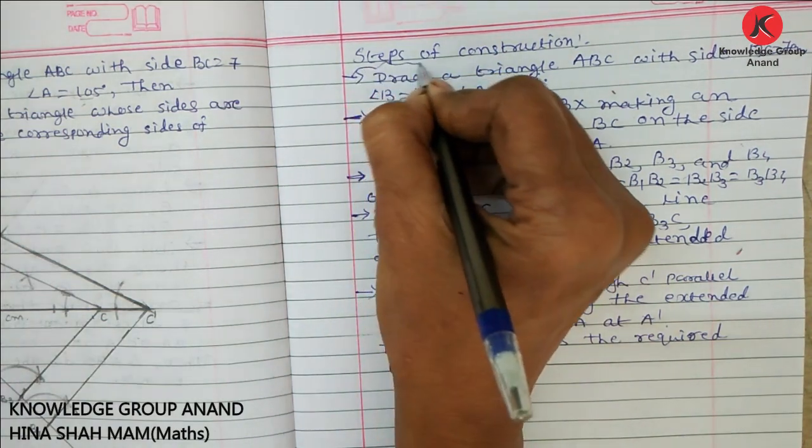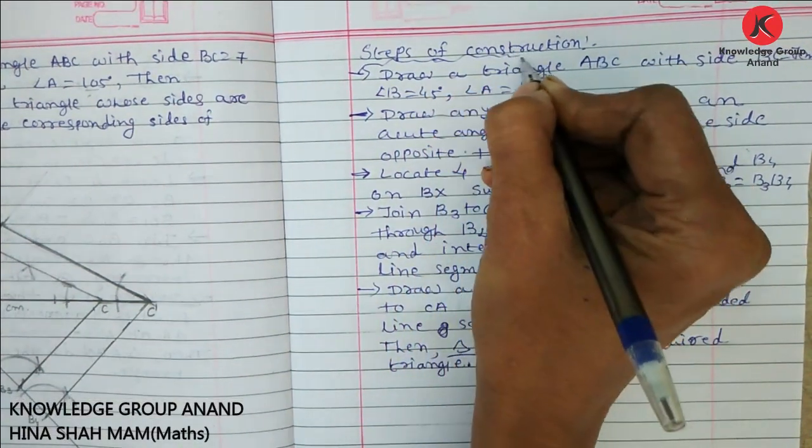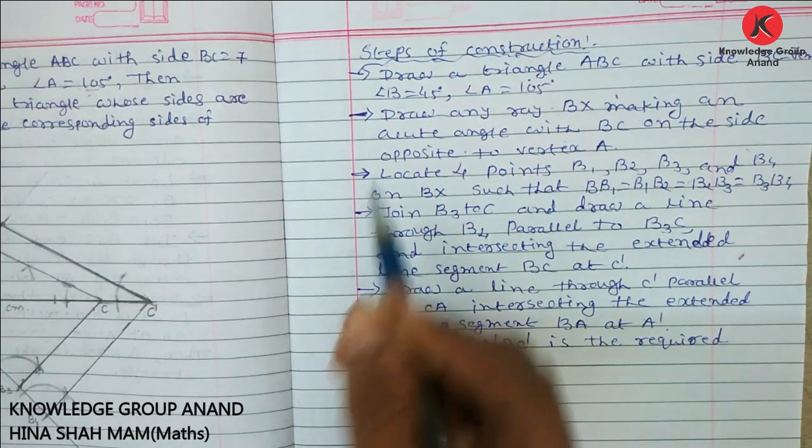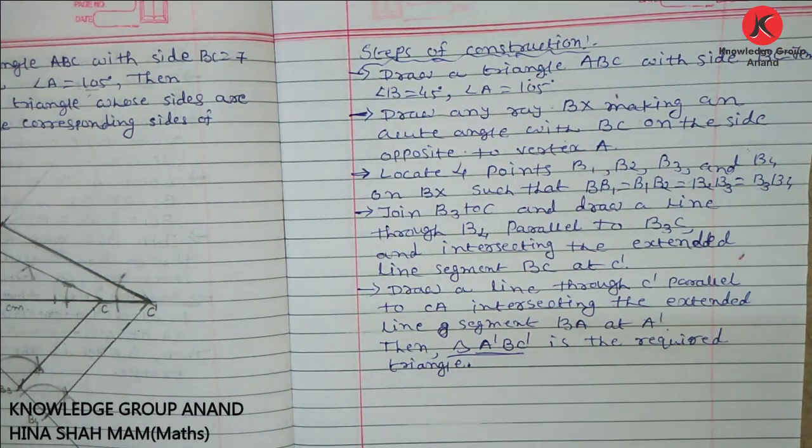Steps of construction. Draw a triangle ABC with side BC is equal to 7 centimeter, angle B is equal to 45 and angle A is equal to 105.